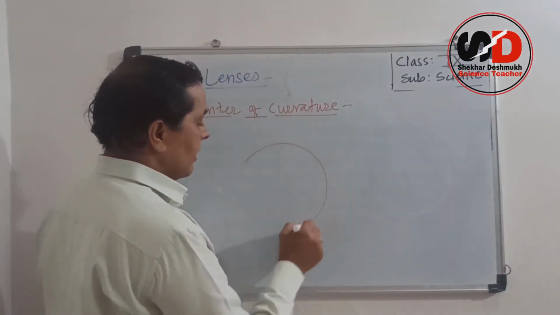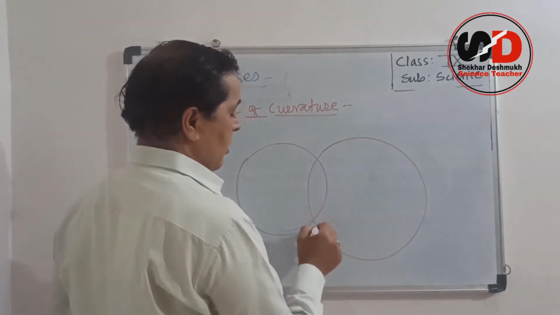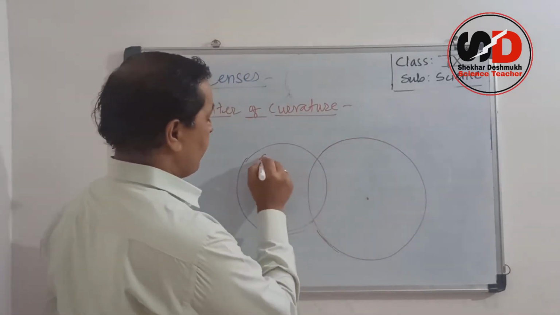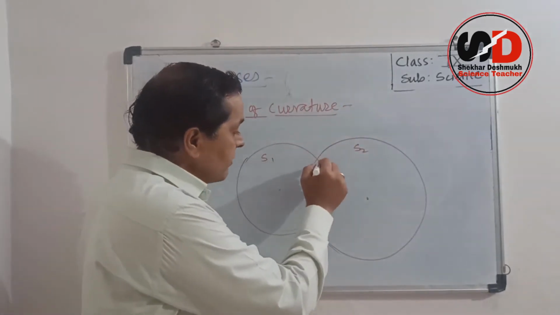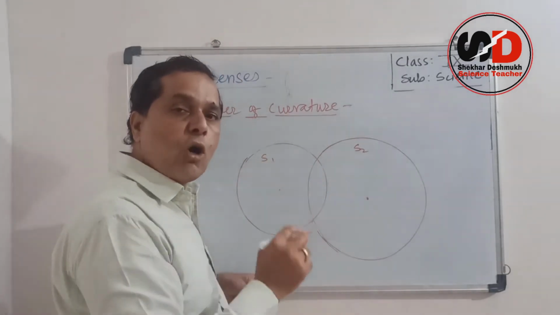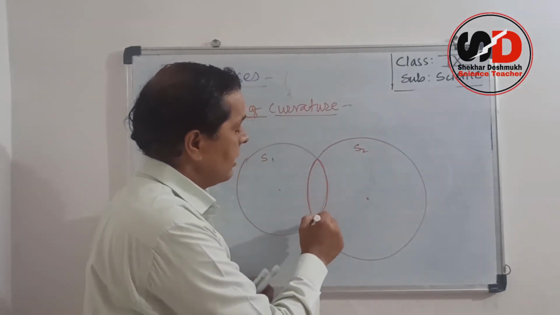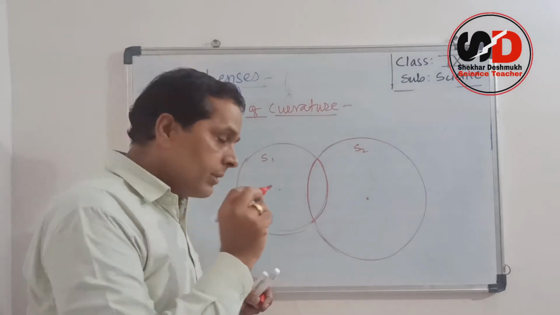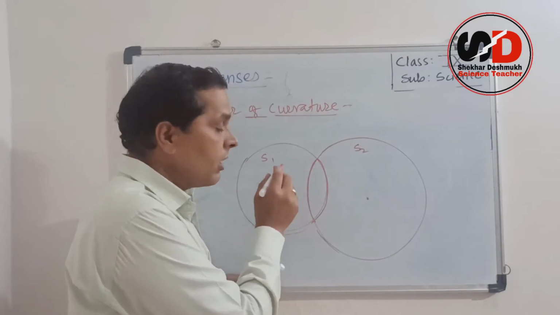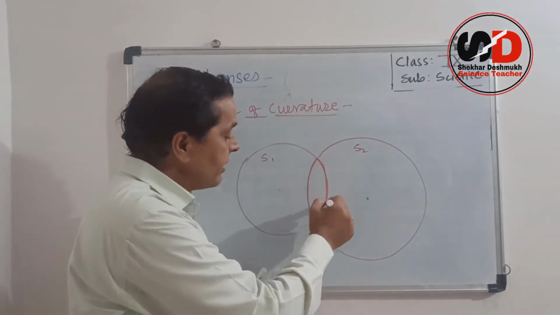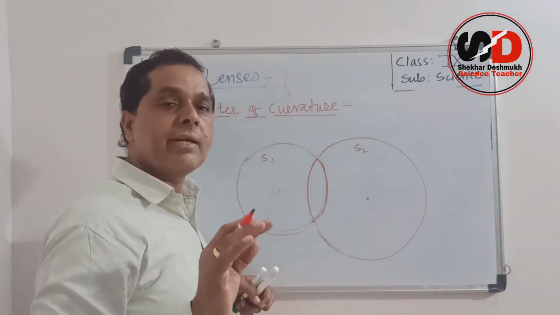As just shown, the part of the circle which forms the surface of the lens, the centers of the sphere of which the part of that sphere forms the surface of the lens, that is called as center of curvature.